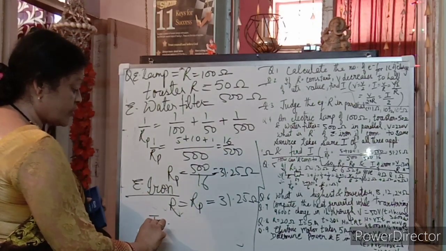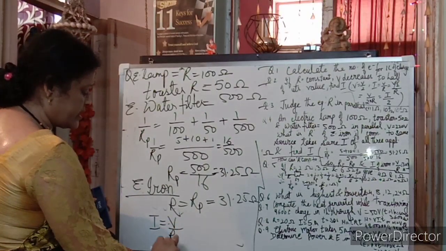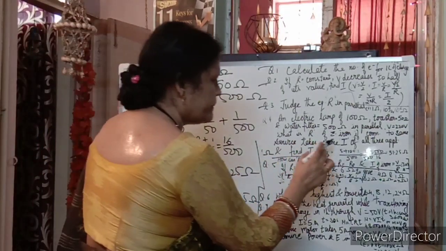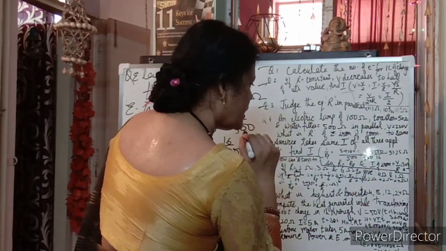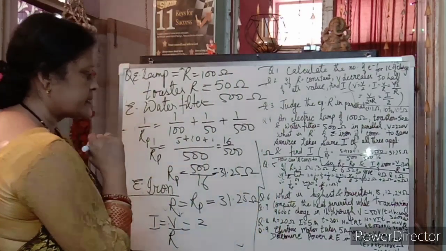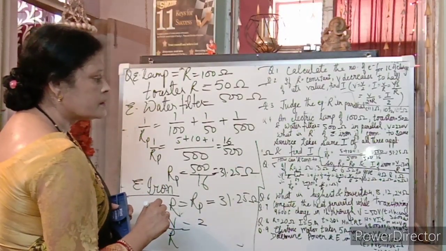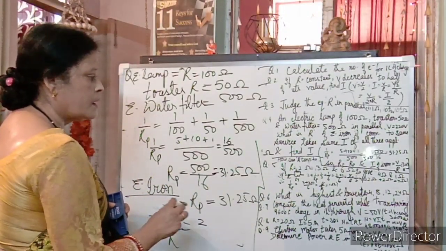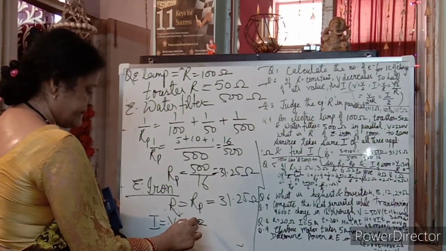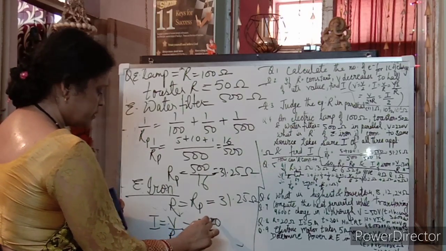They are asking for the electric current of the iron. We know that I is equal to V upon R. How much V is given here? The voltage given is 220 volt.